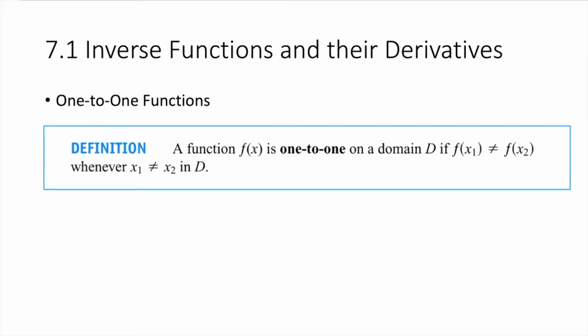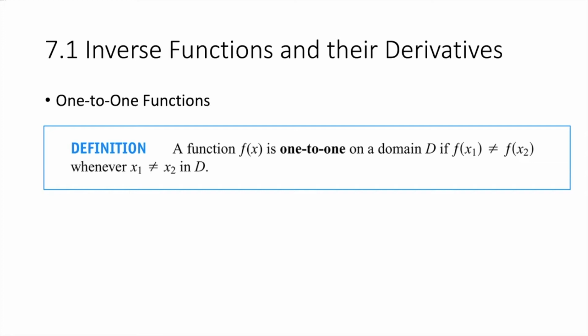So a function f of x is one-to-one on a domain D if f of x1 does not equal f of x2 whenever x1 does not equal x2 in D. So in something closer to everyday English, what this says is that a function is one-to-one if two different x's always give you two different y values.